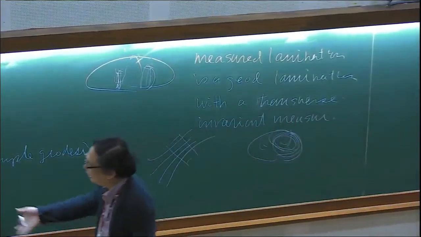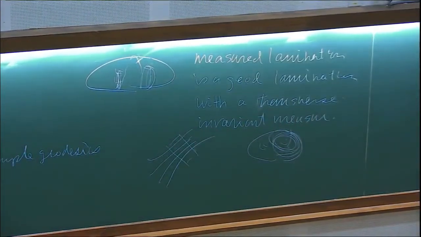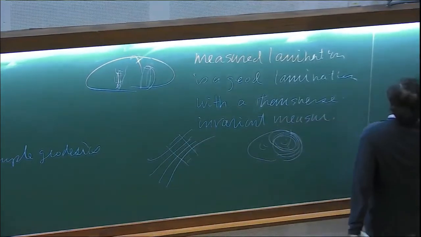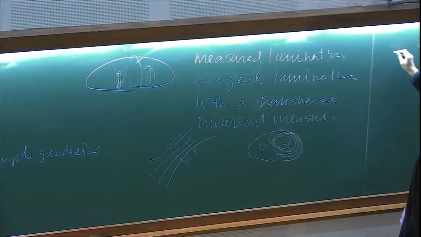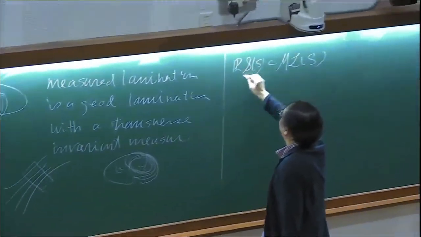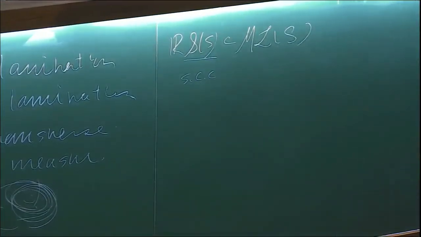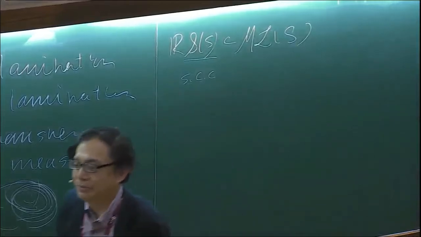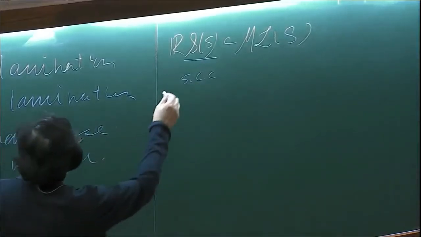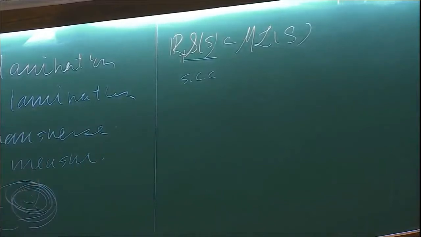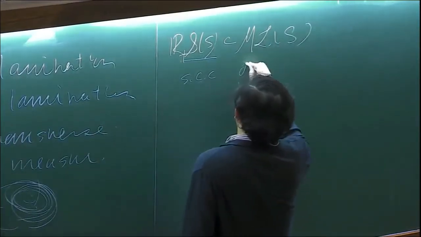As you see, every closed geodesic, or even a closed geodesic with some positive weight, is regarded as a measured lamination. And actually, what Thurston proved is that the space of simple closed curves times positive numbers is a dense subset in here, in MLS.